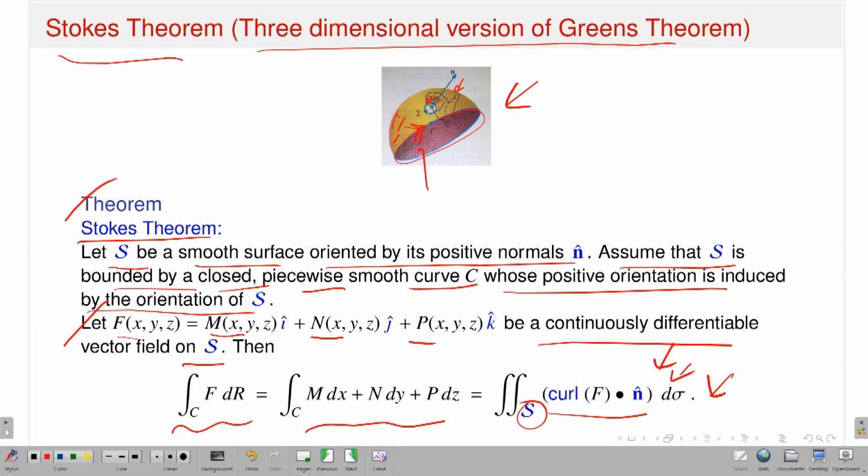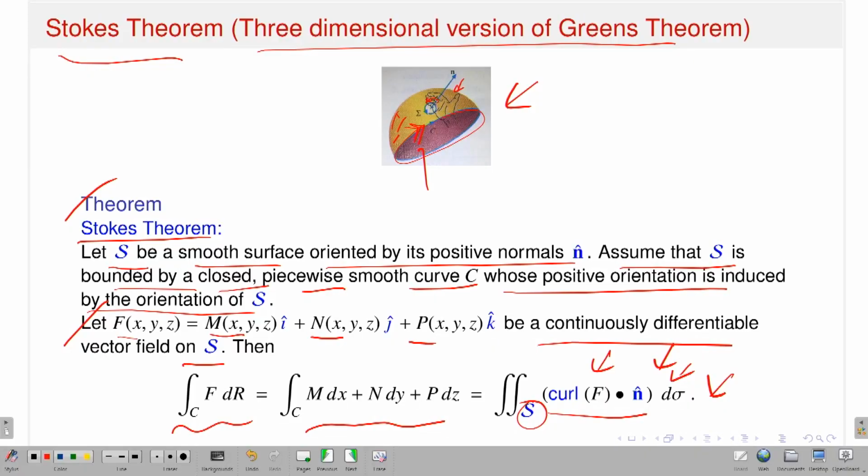Of course, this kind of statement you have seen in the context of Green's theorem. In Green's theorem, if you remember, on the right hand side, instead of a surface integral, it becomes a double integral. So if you start with a region, in the two-dimensional picture, you have the boundary curve and the corresponding region, and the integral on the boundary is the same as the double integral over the region R. Now Stokes theorem is Green's theorem, but in 3 dimensions.